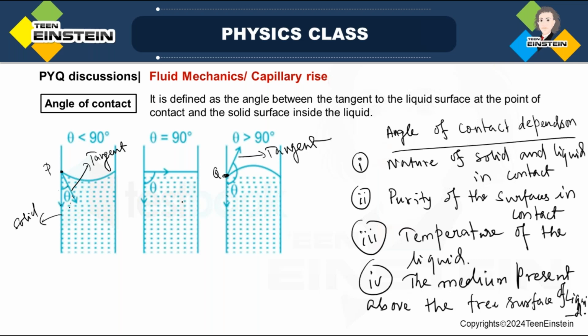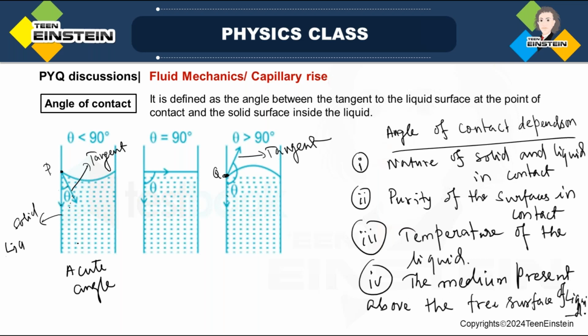Now, according to these factors, the value of the angle of contact will be different. In some cases the angle of contact will be less than 90 degrees. This is called an acute angle. In case of an acute angle, what happens?